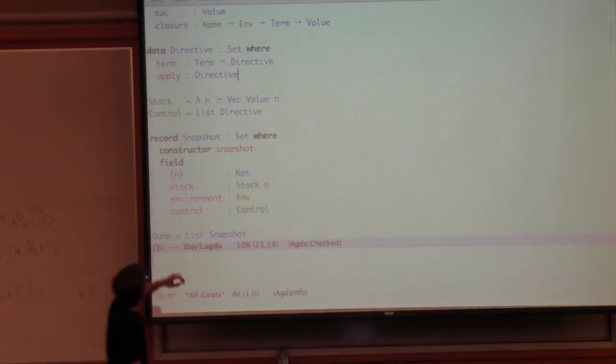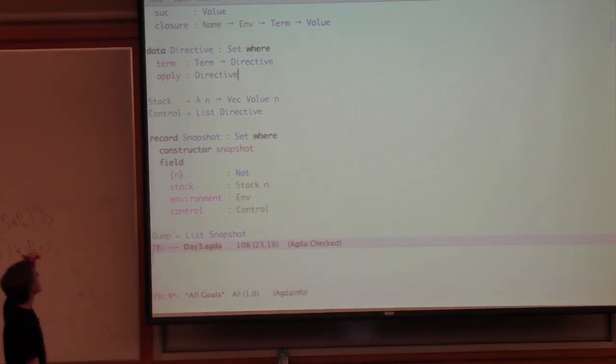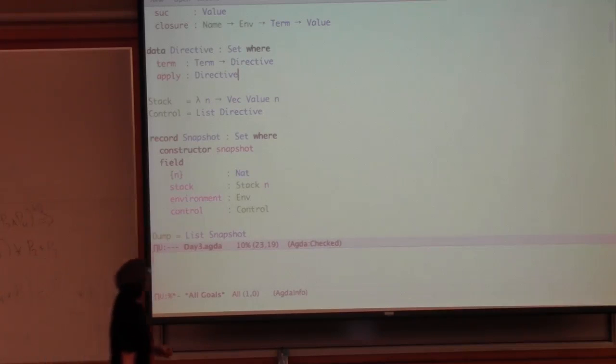This is directive, that's one element of the control. So we have this term, and when we talked about this, we said the term directive is supposed to put the value of the term on top of the stack. Right. So we really should not just say that. We should tell the type checker, right?